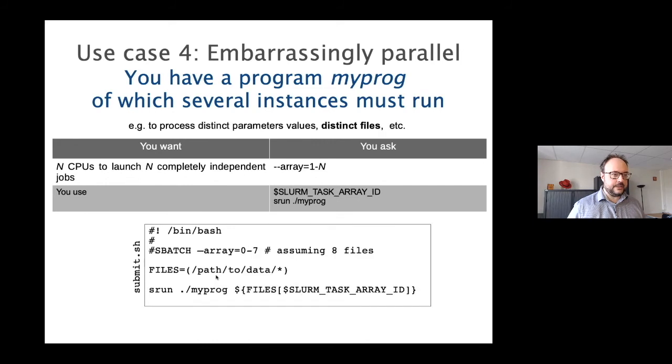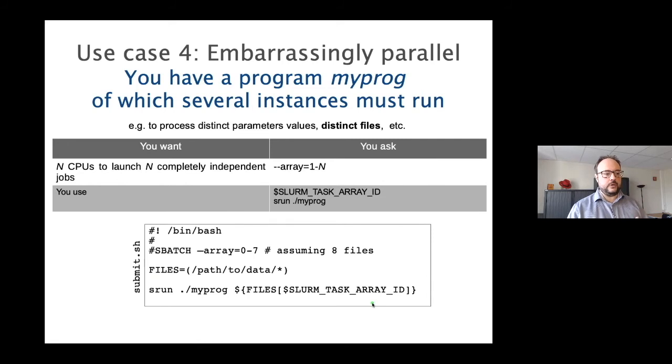For instance, if you have distinct files that you need to process, assuming there are 8 files in some data directory, you can, in Bash, create a Bash array with all the files that you need to process, and then you can run srun with your program, and the files array from which you extract the element which corresponds to the Slurm array task ID.